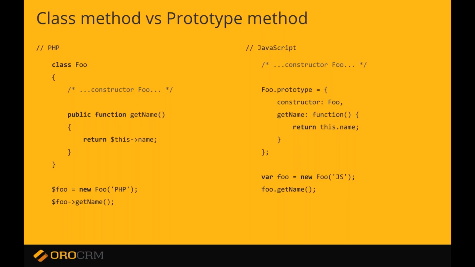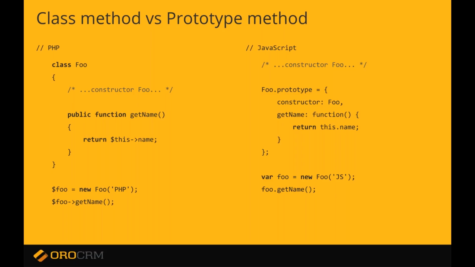But in JavaScript, it's a bit different. There are no classes, but JavaScript has its own way of inheritance. It's a prototype-oriented language. So we can define the prototype for the constructor. We have constructor Foo, and we can define the prototype.